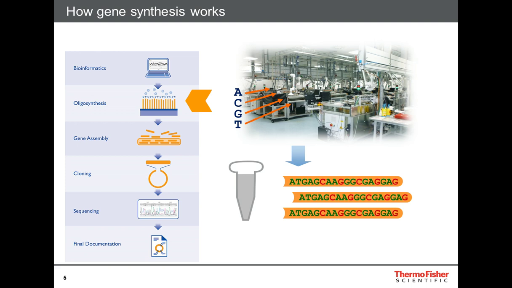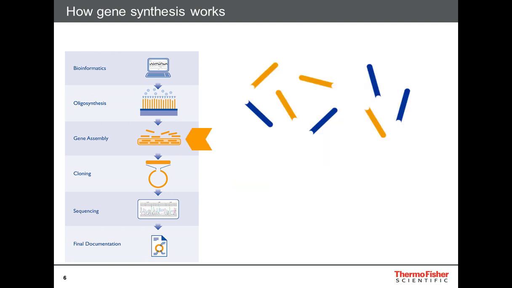They are designed in a way that they overlap each other, like you will see on the next picture here. The animation starts. Sorry. Apparently it does not start with the animation, but anyway, so they're designed in a way that the oligos overlap each other to eventually assemble a full-length molecule.